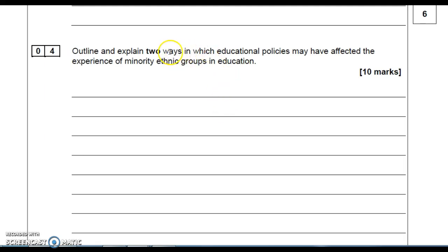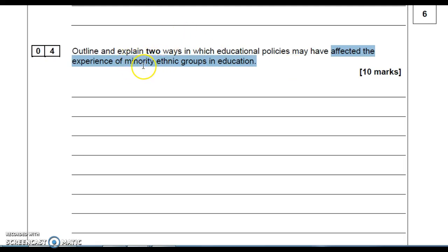So the connective in this one is an educational policy. So that would be your part A. You'd start off by outlining, give a bit of an overview of an educational policy, just apply your knowledge, what is it, and then it's asking you to suggest how it has affected the experience of minority ethnic groups.